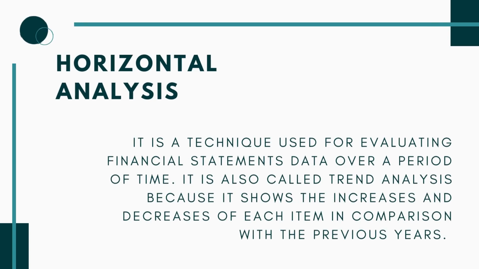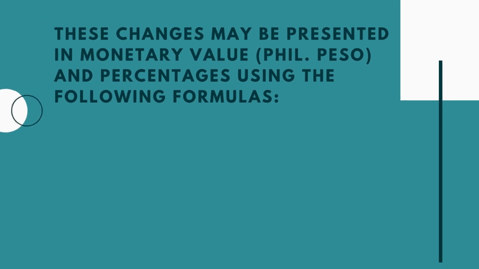Horizontal analysis is a technique used for evaluating financial statement data over a period of time. It is also called trend analysis because it shows the increases and decreases of each item in comparison with the previous year. These changes may be presented in monetary value, Philippine peso, and percentages using the following formulas.